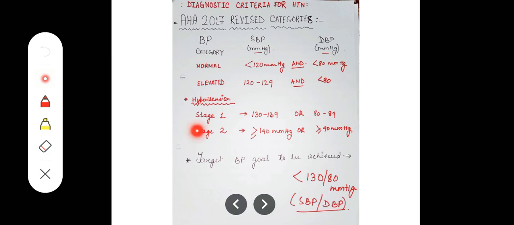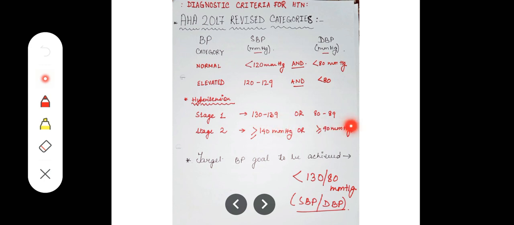Coming to stage 2. Stage 2 says if the systolic blood pressure is more than or equal to 140 mmHg, or on the other side the diastolic blood pressure is more than 90 mmHg, then in this condition we can label the patient as a stage 2 hypertensive patient. Any one has to be there.